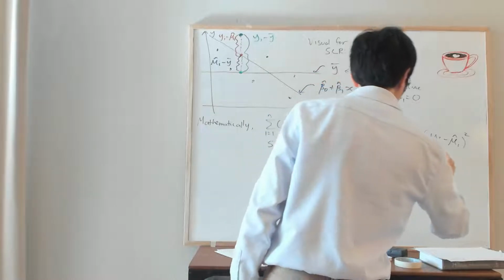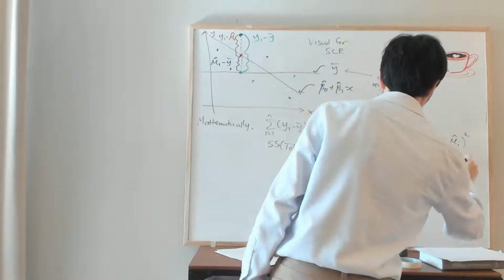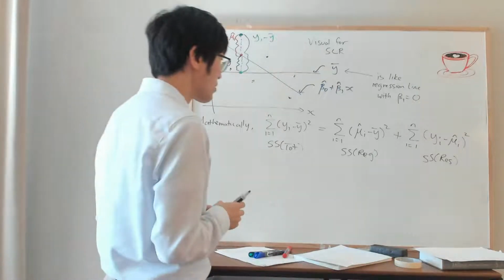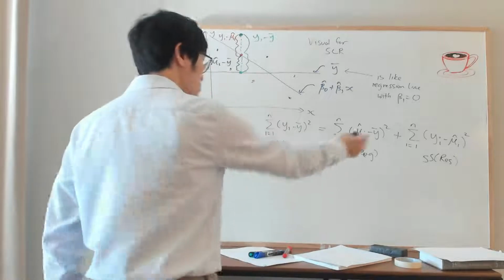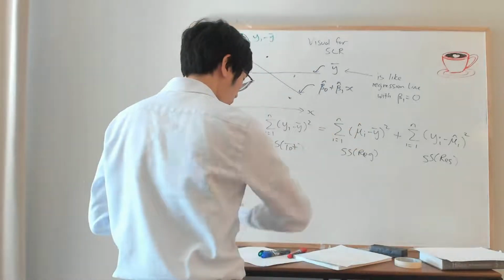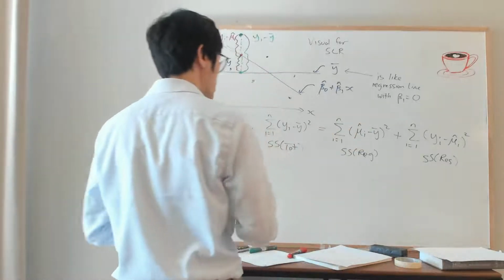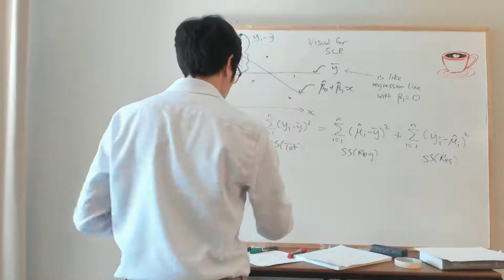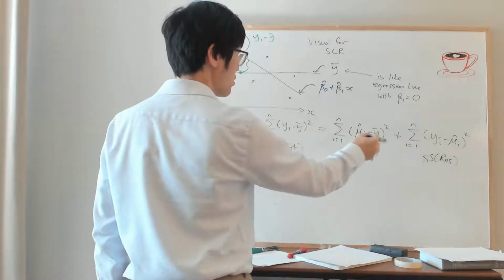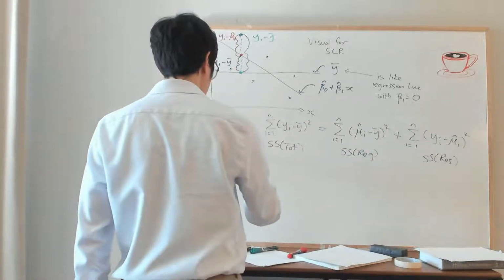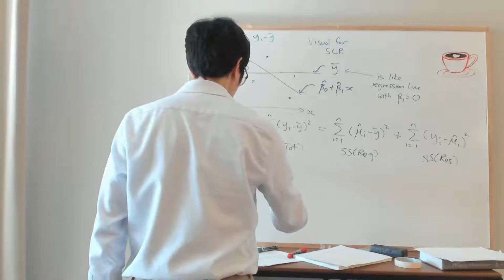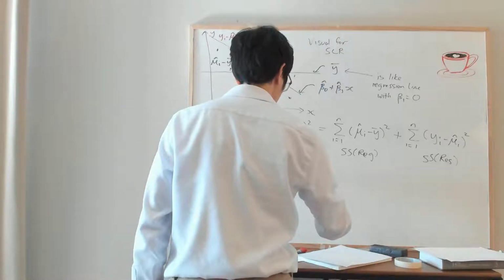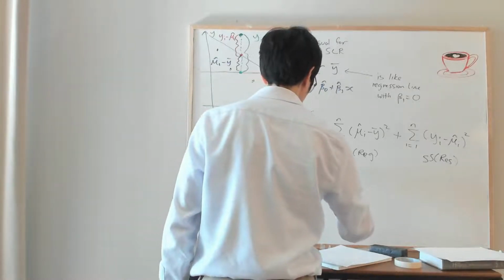And then this is our sum of squares residuals. Okay, so that's the expression I gave you on the first homework. And I asked you to show in the simple linear regression case that the cross term is 0. We have 2 times this cross term, so we just need to look at the cross term: the sum of mu i hat minus y bar times yi minus mu i hat.